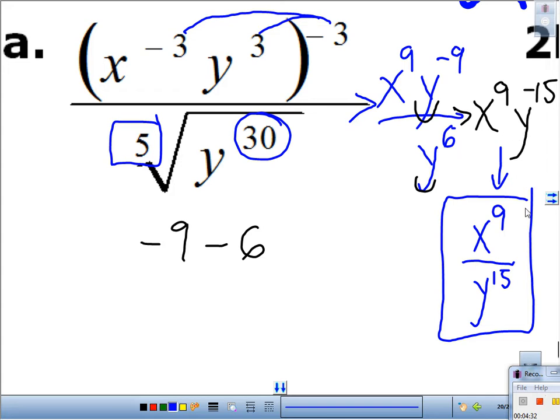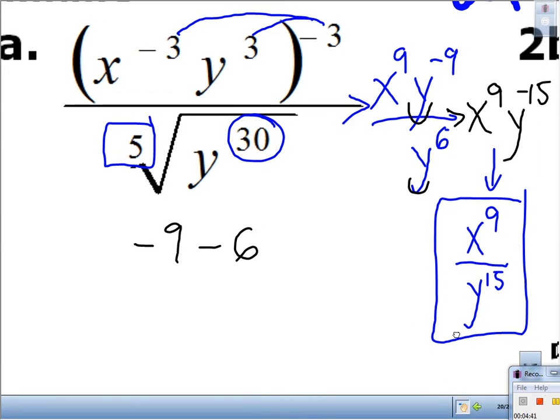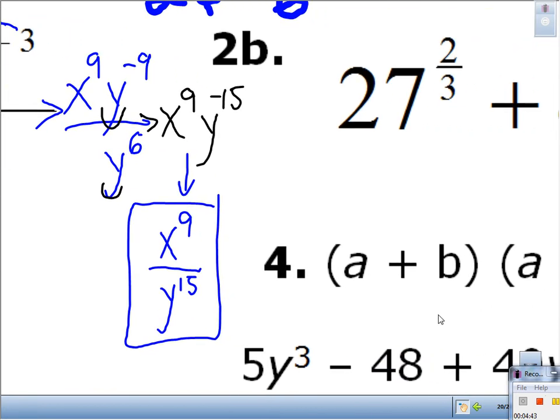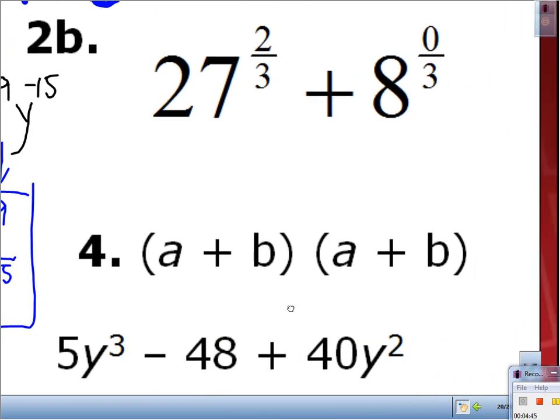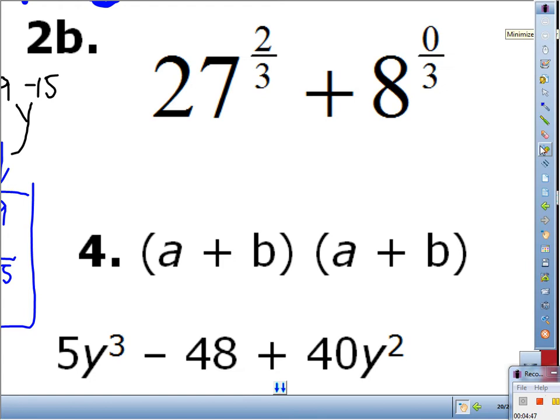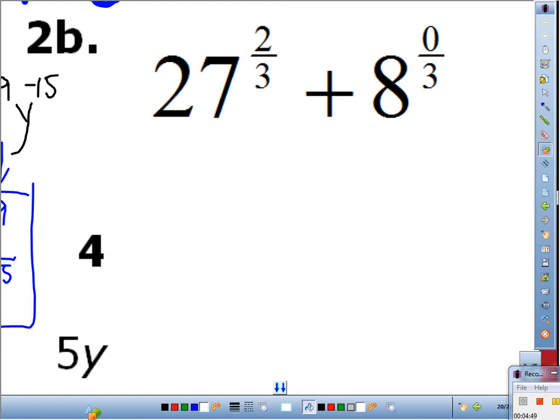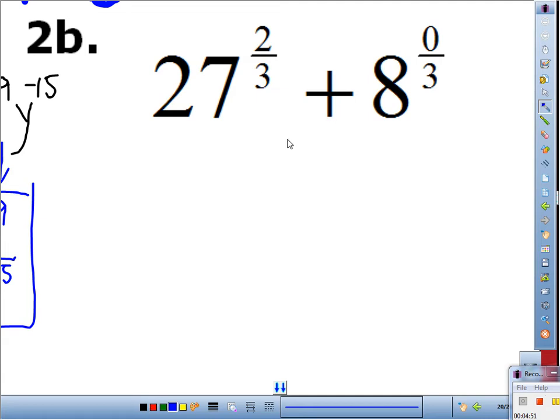Let me go to number 2, I'm sorry, example 2b. For this one, let me make some room here. First, can we have an exponent as a fraction? Yes, but the numerator has to be a 1.